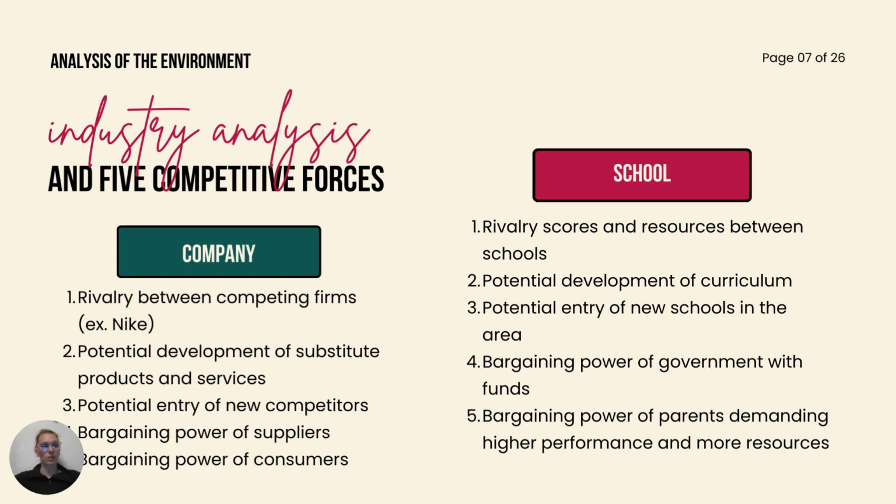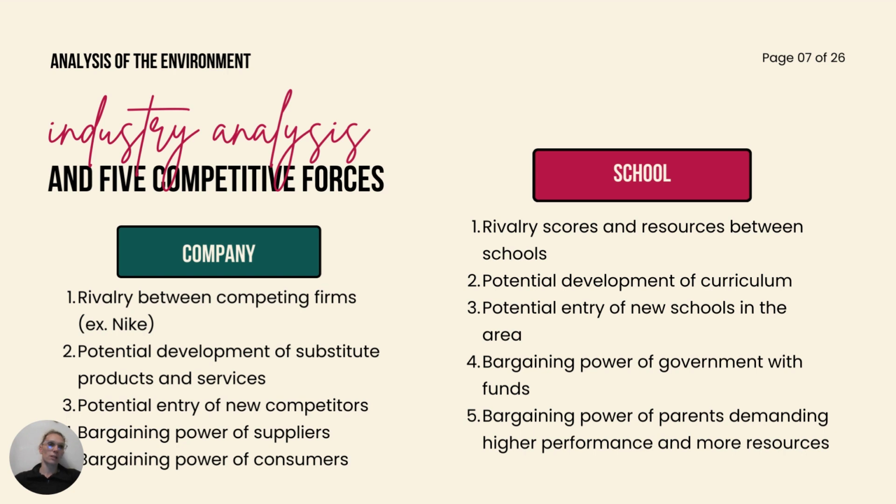Bargaining power of consumers. So this is interesting. Under company, that would be who buys the product, Nike's apparel or shoes or whatever. Number 5 under school, bargaining power of, well, it is consumers, but the parents demanding higher performance and more resources.